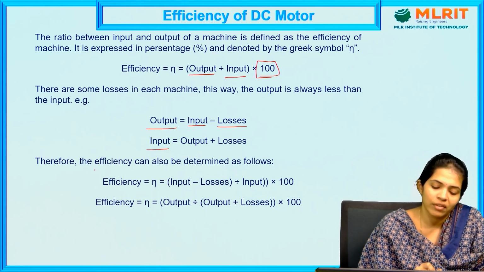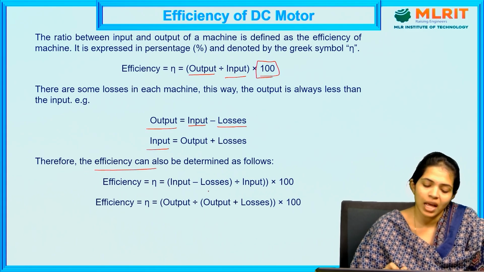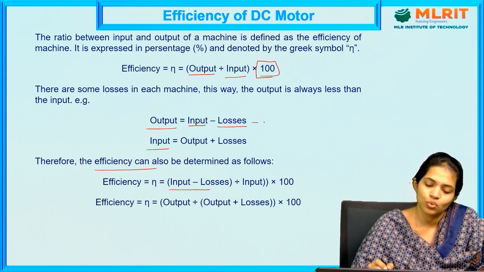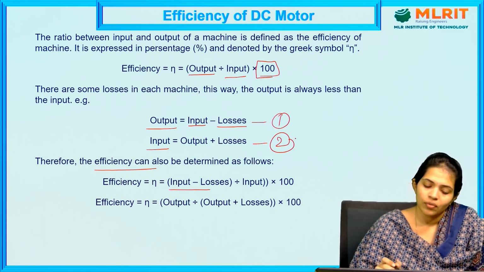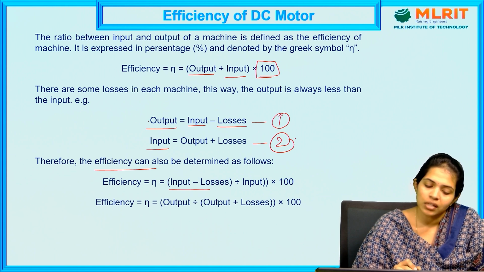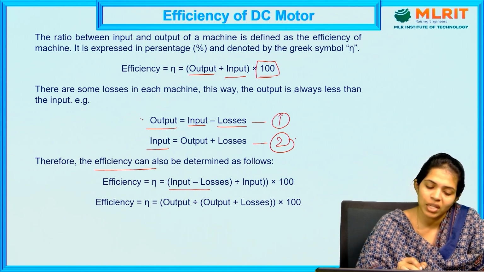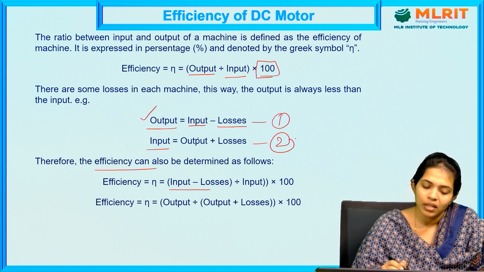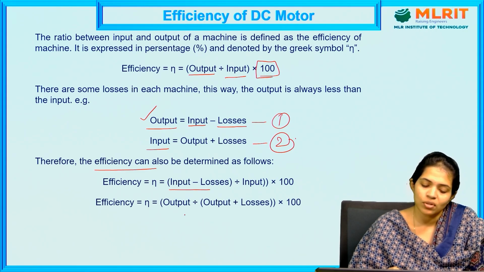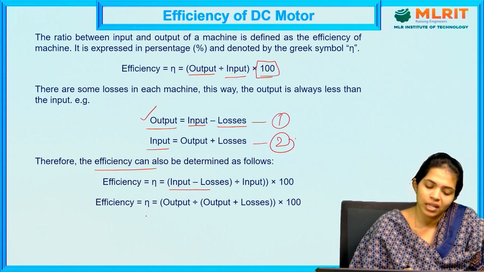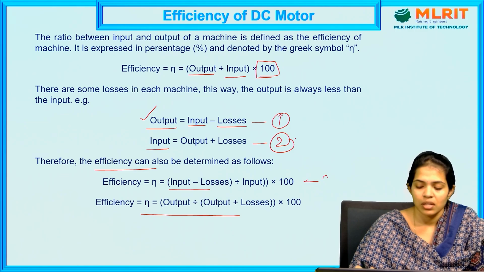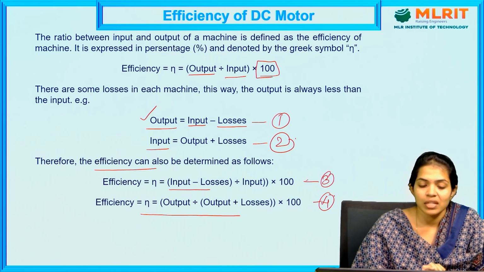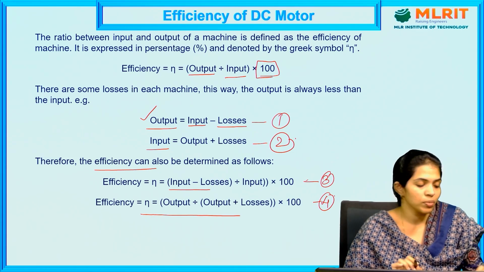Therefore, the efficiency can now be written using these two equations, equation 1 and 2. We can write input minus losses in place of output power, or output plus losses in place of input power, and we can write the efficiency equations in this way. Together we can say that efficiency is the ratio of output power to input power.